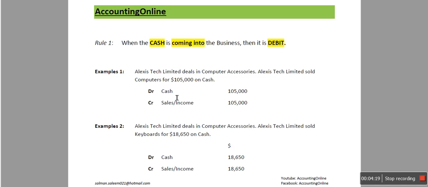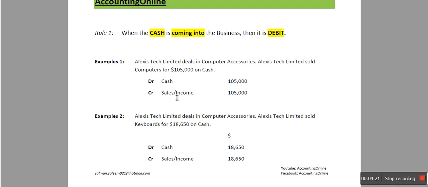The second example: Alexis Limited deals in computer accessories. Alexis Limited sold keyboards for $18,650. Again, sales. When the company makes sales of $18,650, it gets cash in return. In other words, the cash is coming into the business.